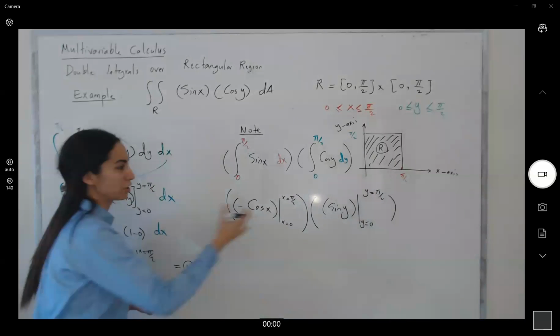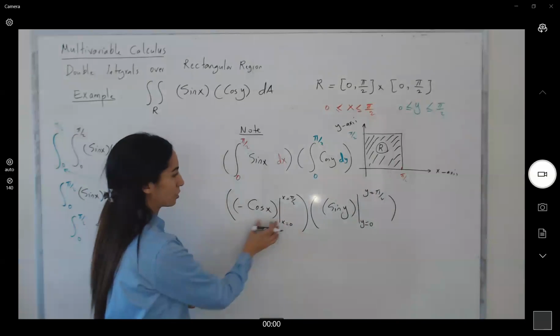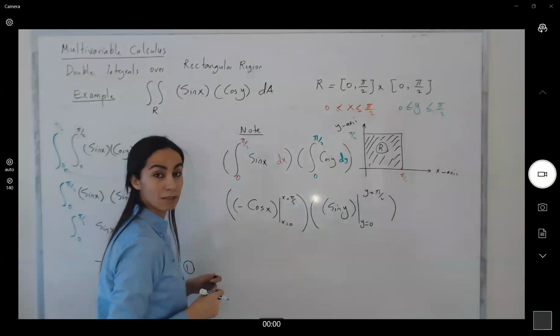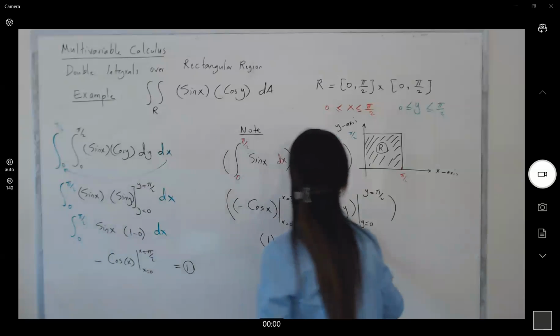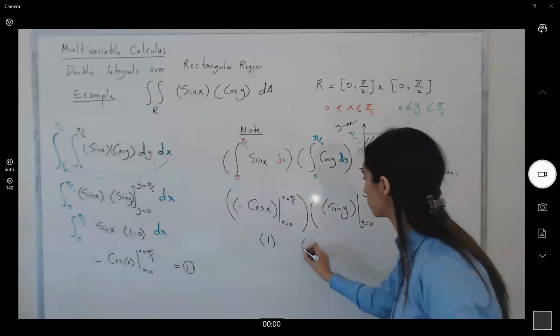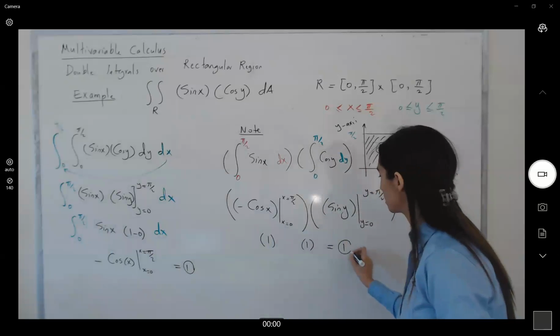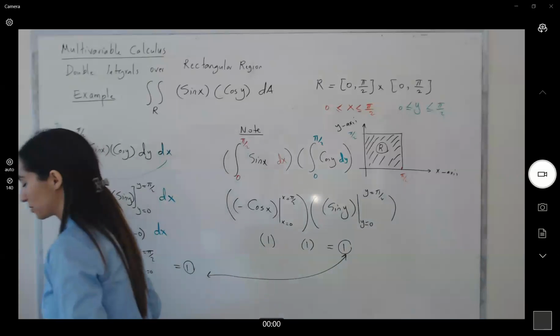We're just calculating each of these separately, multiplying the results. So as you know, pi over 2 makes cosine 0, minus minus 1. It is 1. And then you have the same thing here. Sine of pi over 2 is 1. 1 minus 0 is 1. 1 times 1 is equal to 1, you get the exact same result.